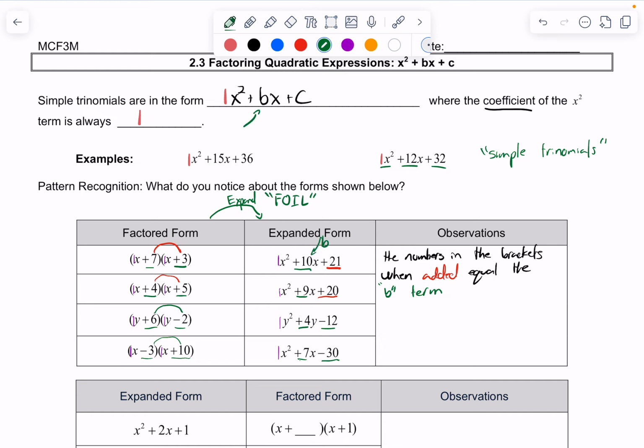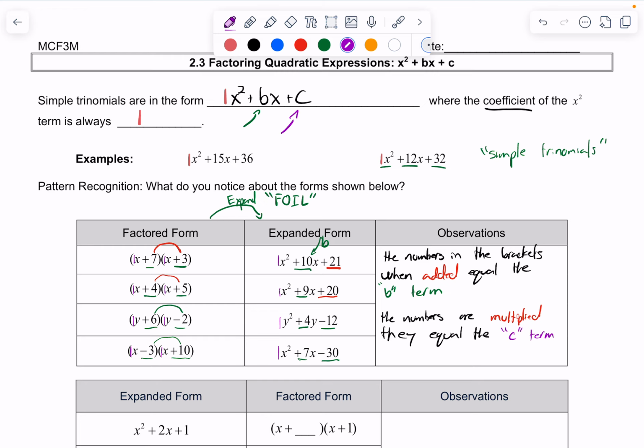These are the b terms right here. And then when those same numbers are multiplied, they equal the c value, or the c term, I should say.